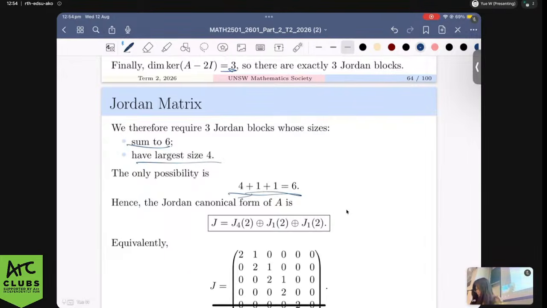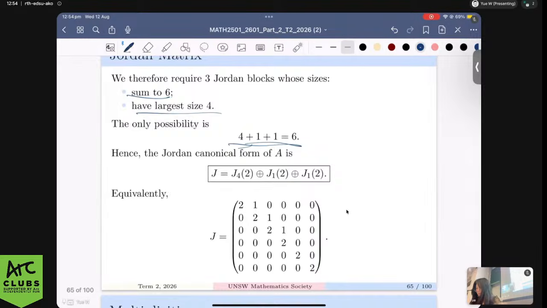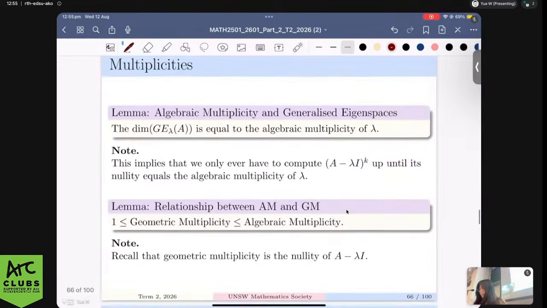So this would be your canonical form of A. Again, your J4 of 2 is just this thing here, your J1 of 2 is just this, and then the same with this. So you just combine everything together and make it into one giant matrix. Any questions? Okay, no, I guess we're moving on.